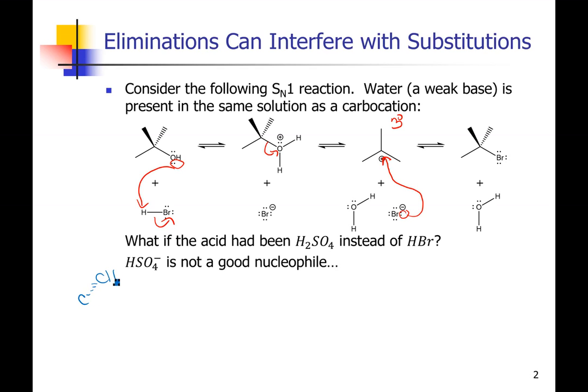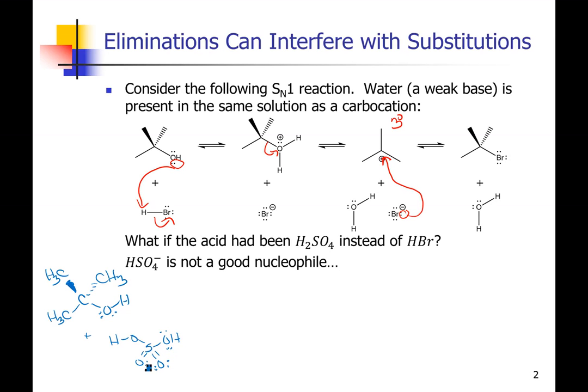Our tert-butanol is still a weak base, so I'm just going to redraw my tert-butanol here. We still have a strong acid. It's just that our strong acid is sulfuric acid instead of hydrobromic acid.